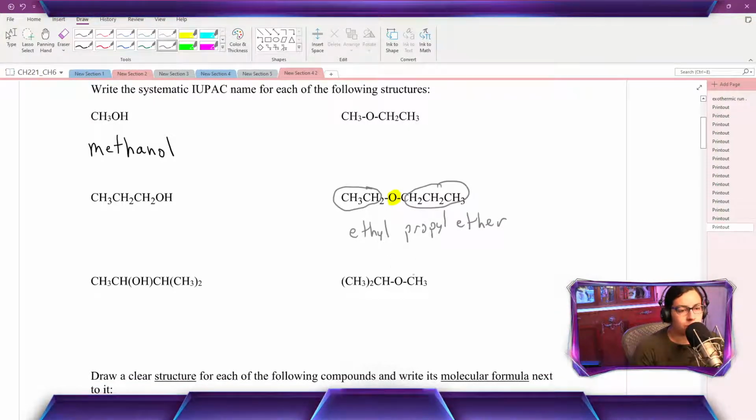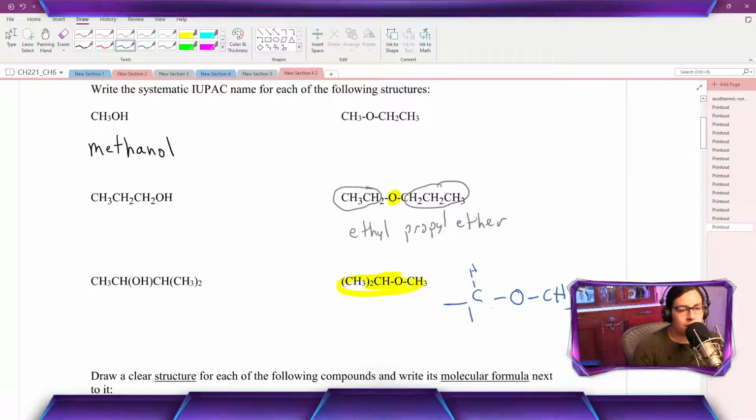Well, let's look at this one, because it's a little subtle difference. We have 1, 2, 3 carbons there, but notice the connectivity. If you were to draw this out, O, CH3, connected to a carbon there, H, and now this is connected to 2 carbons, 2 methyls.